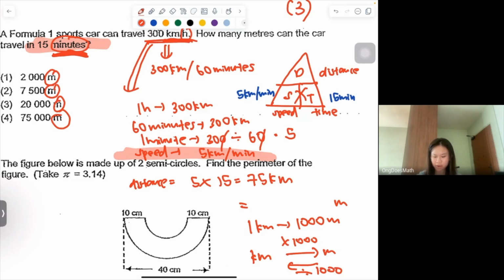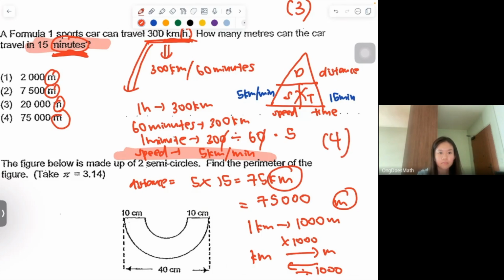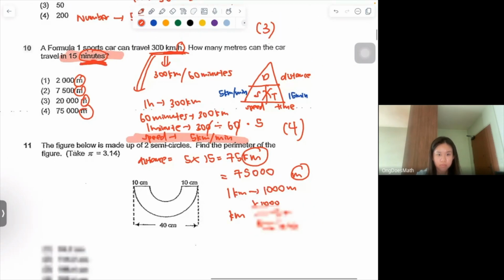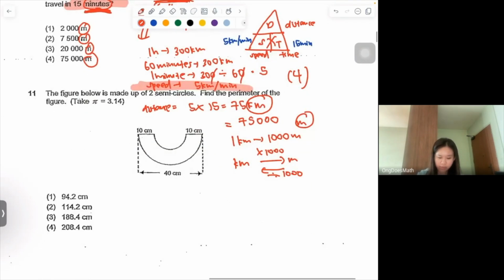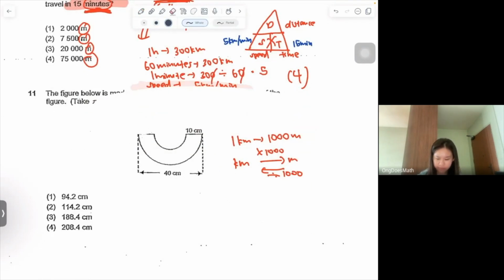But in this case, we are converting from kilometer to meter, so we have to multiply it by 1,000. So we just have to add 3 zeros at the back, and the answer will be option 4. It's a very lengthy question for an MCQ. Next, we'll move on to question 11.